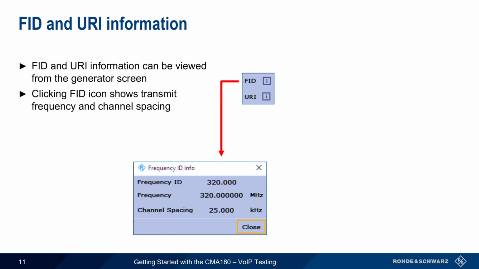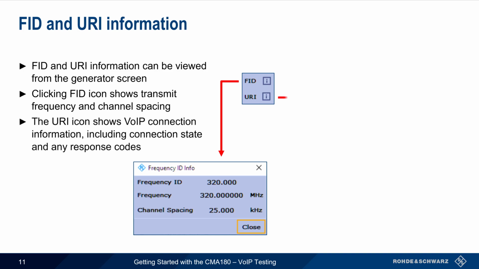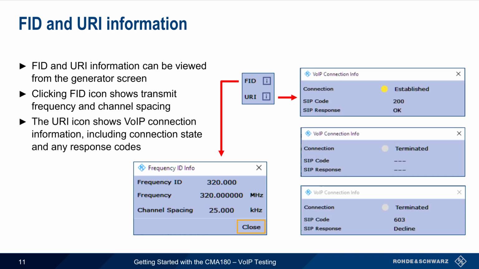Note that for 25 kHz channel spacing, these will be the same, but the frequency ID and transmit frequency will, however, be different if 8.33 kHz channel spacing is used. The URI icon can be used to see VoIP connection information, including the state of the connection, for example, established or terminated, as well as any response codes, if applicable.